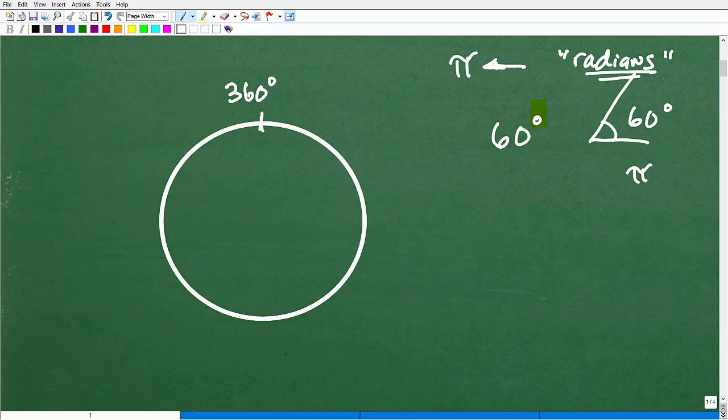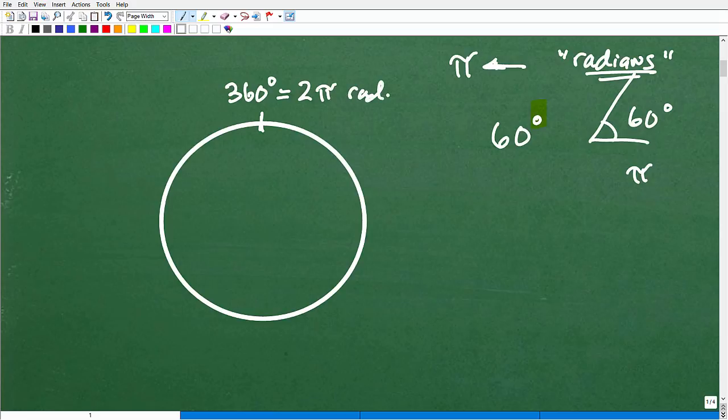This is a very important way to measure circles, and when you get into more advanced mathematics, many angles are going to be measured in radians. So it's not a trivial little side topic. You've got to really know this because it's all over the place, especially in trigonometry and more advanced mathematics.